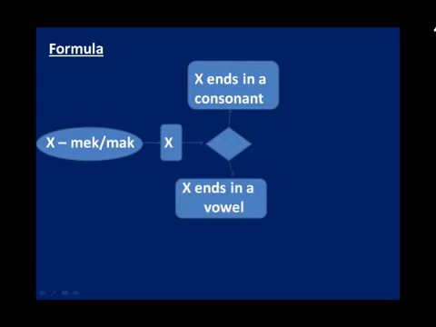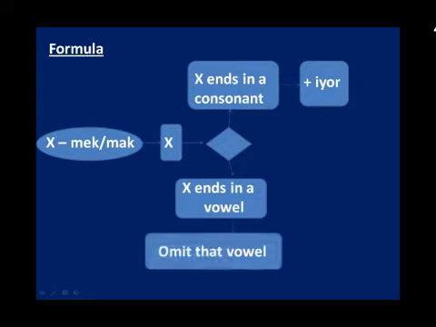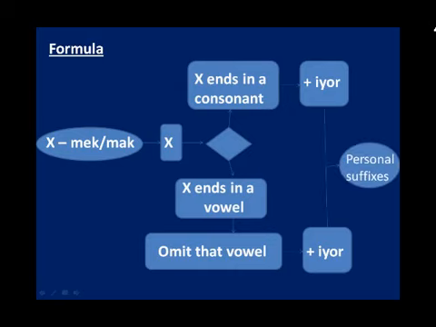So if x ends in a consonant, then you add er and harmonize it, of course. If, however, x ends in a vowel, first you omit that vowel and then add er, okay, which you also harmonize. When you do all these steps, you add the personal suffixes and tada, you have conjugated your verb according to your person.